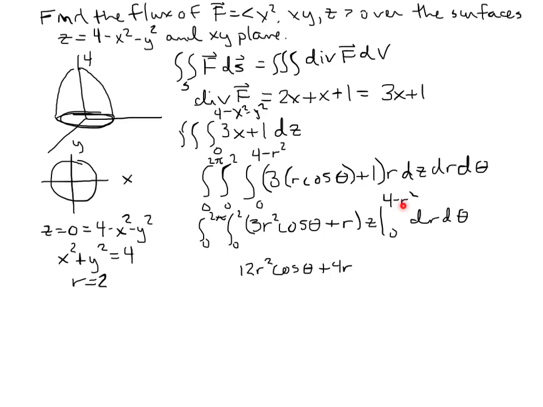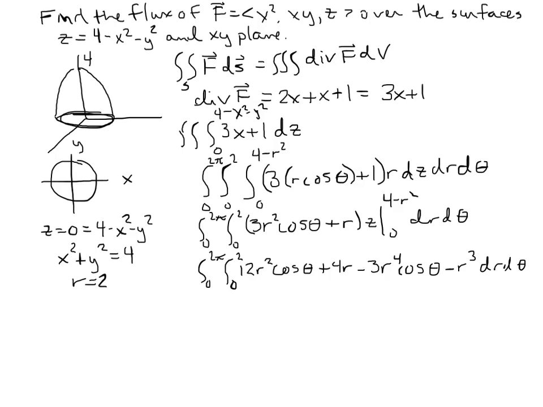Then I'm going to multiply negative r squared by both of these terms. So negative r squared is going to give me a negative 3r to the 4th cosine theta minus r cubed, dr d theta. Need to integrate from 0 to 2, and from 0 to 2 pi.